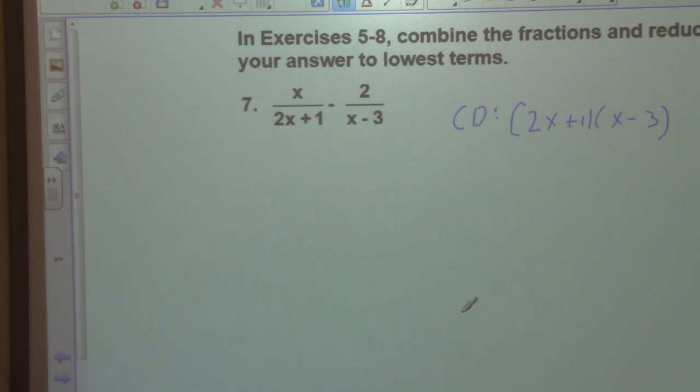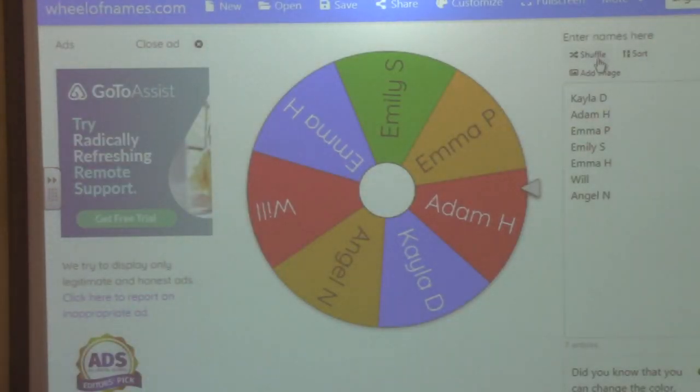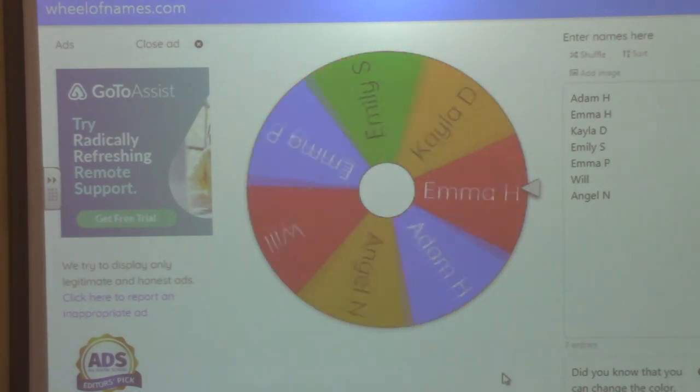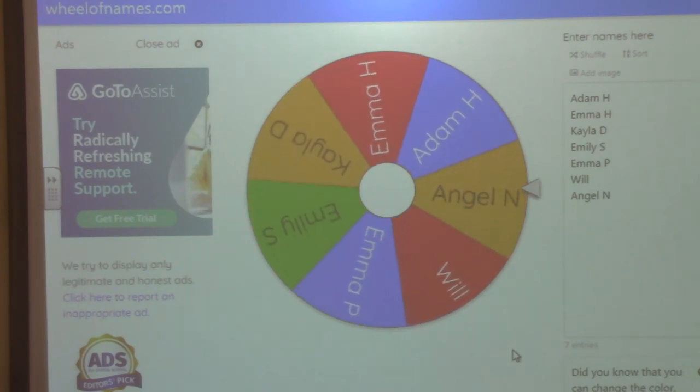So should I spin the wheel on this one? Yeah, go for it. I think you should do it. Go full ahead, spin, all the way. Yeah, then you can help each other with it. Okay, here we go. Couple shuffles. Angel. Well, I guess he doesn't get ejected today.